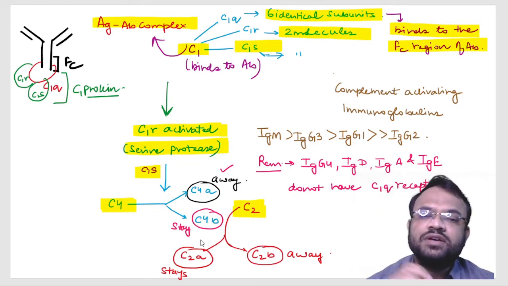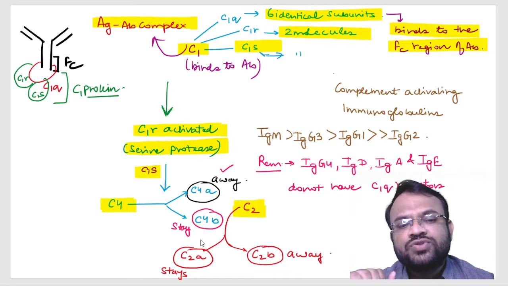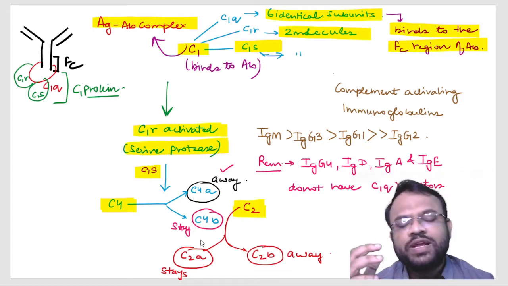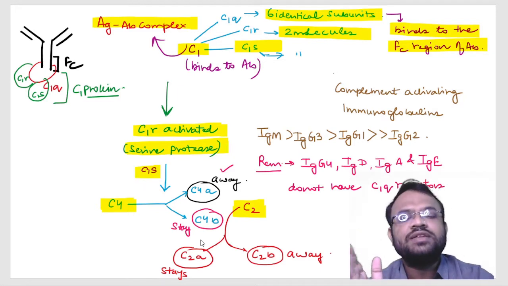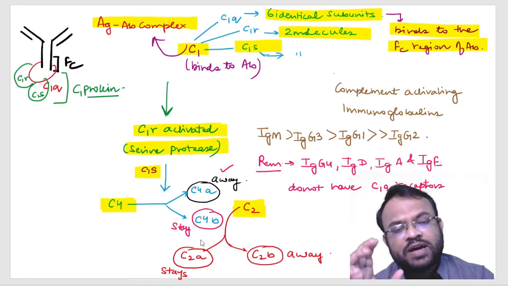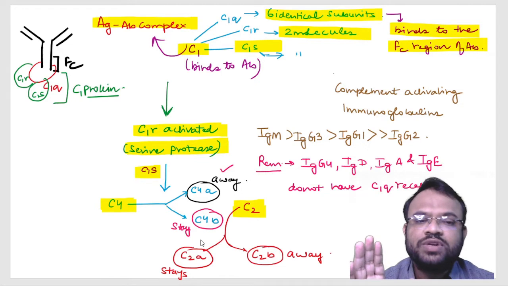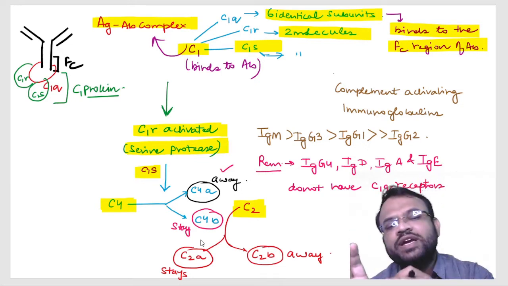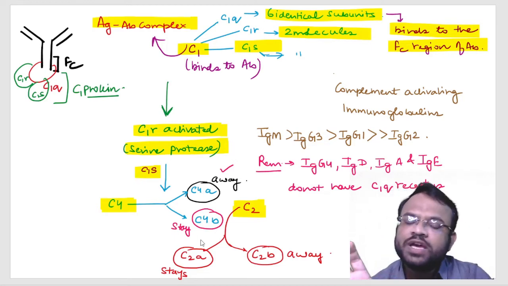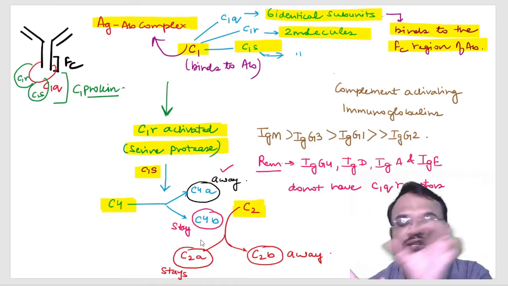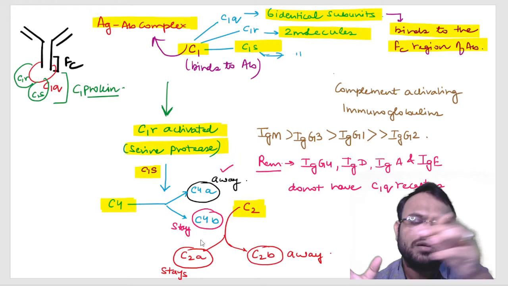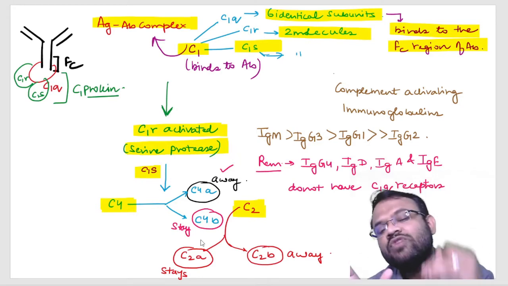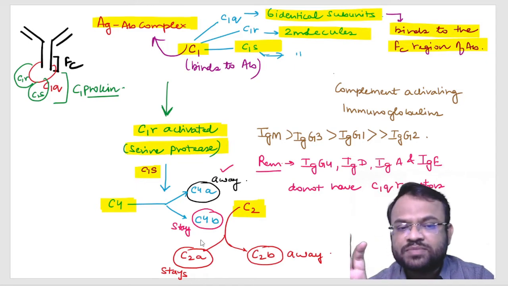Similarly, C1S will also cause the breakage of C2. C2 will again break into C2A and C2B. But I said in the previous class that C2 serves as an exception, because when C2 breaks, C2A and C2B are formed, but C2A will not move away like the other complement proteins.